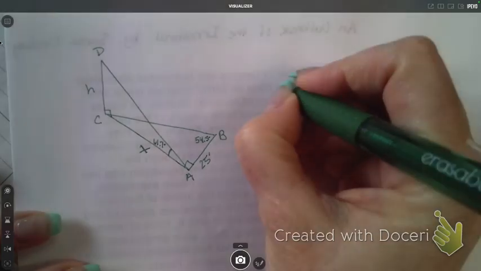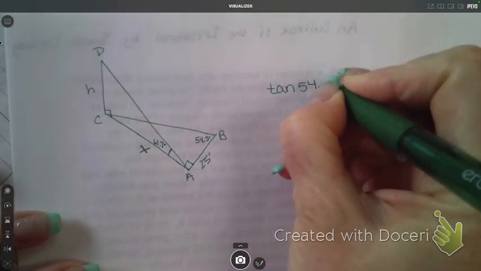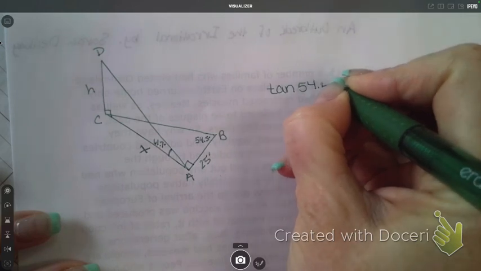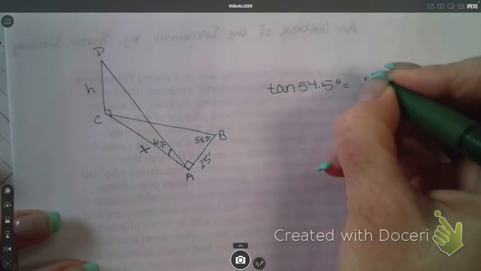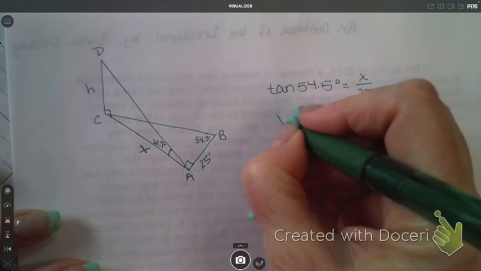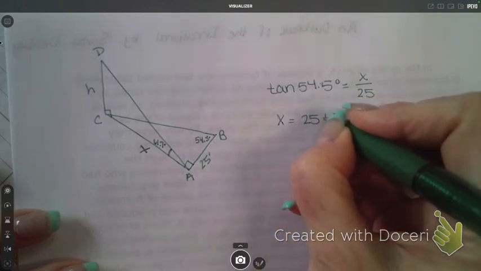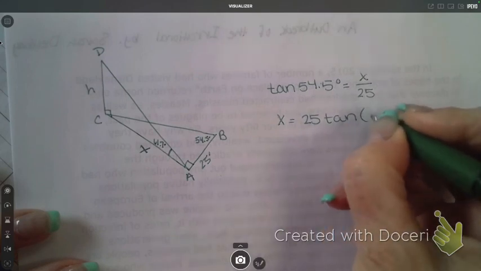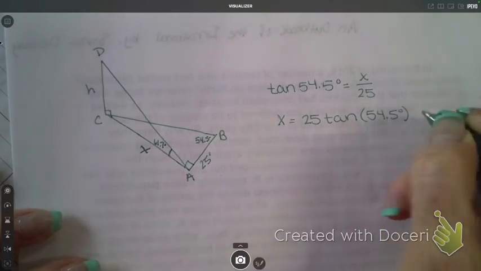So I'm going to have tangent of 54.5 degrees equals X over 25. So X is going to equal 25 tangent of 54.5 degrees. Do I care what X is?